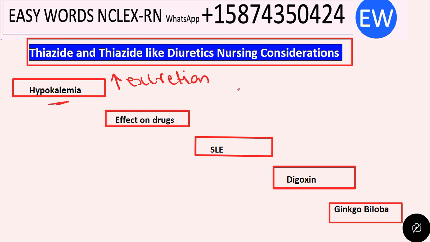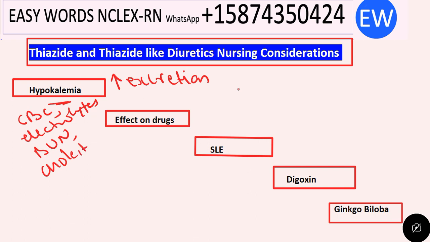These agents also affect the electrolyte levels and alter the blood chemistry. So we should be closely monitoring the complete blood count, the electrolyte levels, blood urea nitrogen, and cholesterol levels.